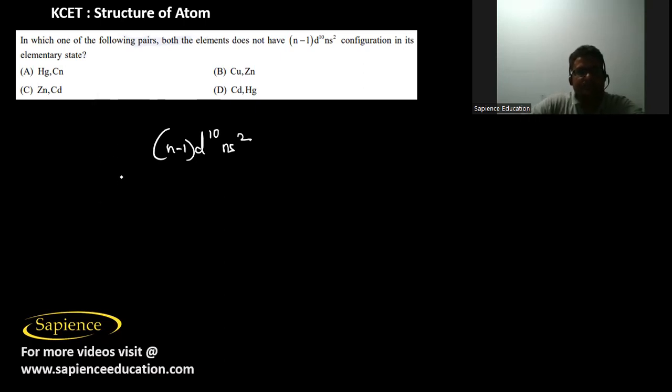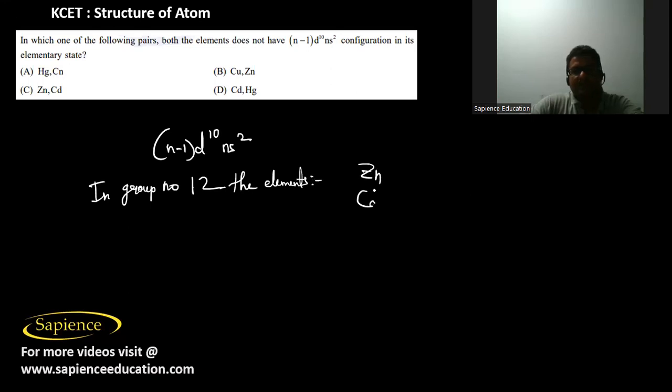In group number 12, the elements are Zn, Cd, Hg, and Cn, that is zinc, cadmium, mercury, and copernicium.